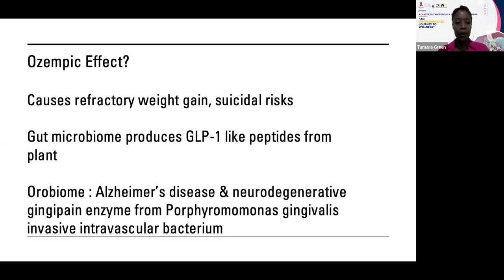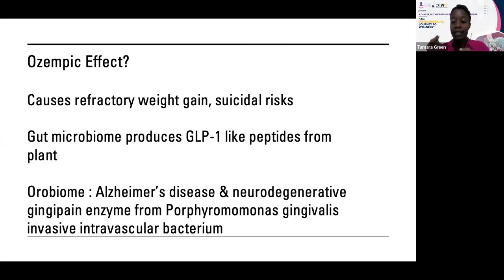And this last point about the orobiome is important for me to mention. So Alzheimer's disease has been found to have a link to a particular bacteria that resides in the mouth. Now, this bacteria releases enzymes. So first of all, the bacteria enters the blood vessels.